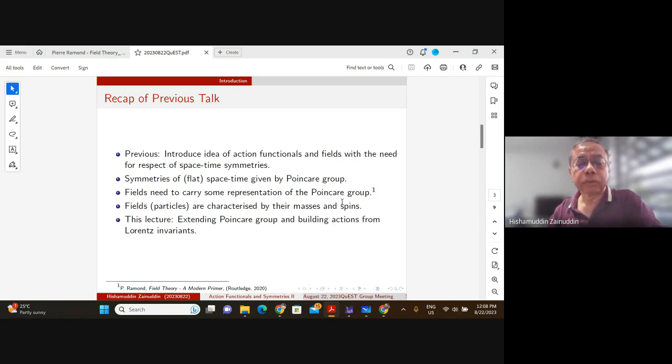We also looked at the invariance under the Poincare group, and found that the fields are characterized by their masses and spins. So in this talk, we're going to extend a little bit beyond the Poincare group, as you will see in a minute, and then think of how we build the actions, and the way we build the actions is by using Lorentz invariance.